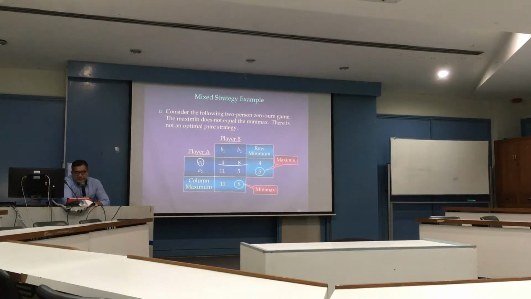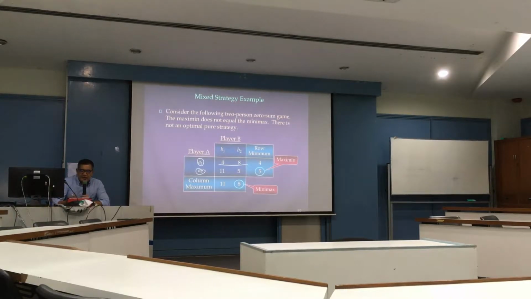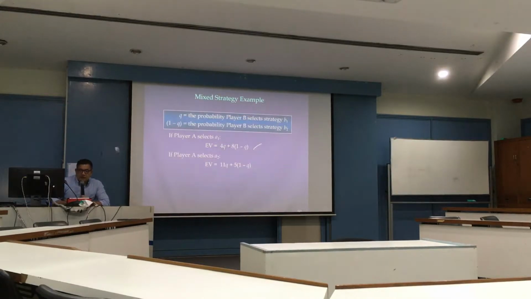Player B can expect the payoff equal to 4Q plus 8 multiplied by 1 minus Q. And if player A selects A2, player B can expect the payoff equal to 11Q plus 5 multiplied by 1 minus Q.